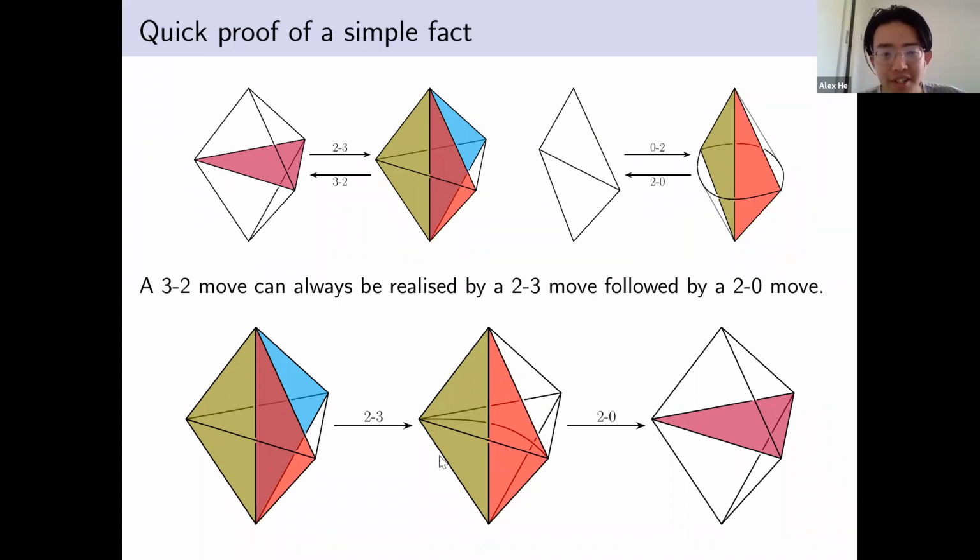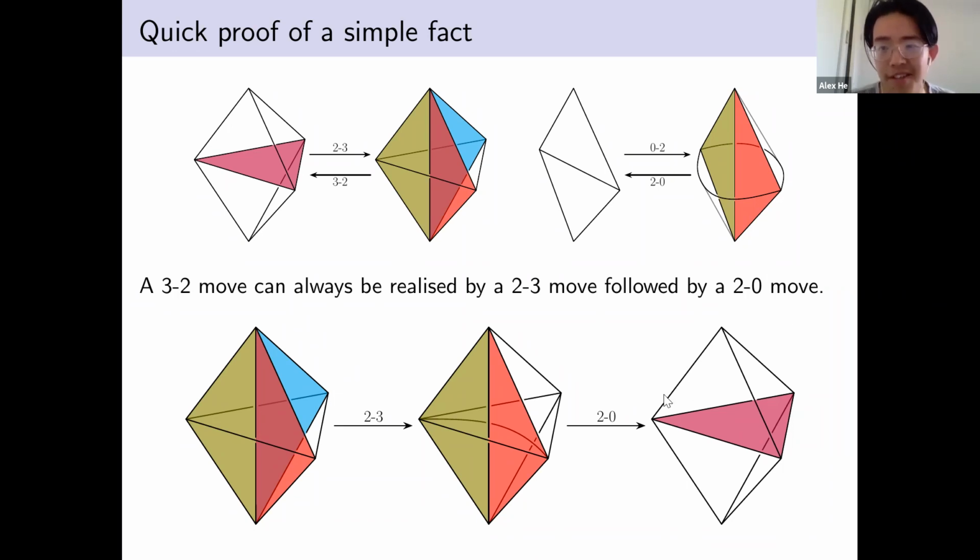Anyway, having done this, you get a configuration that looks exactly like the right-hand side of a 2-0 move. So we can squash that flat down into just two triangles, and when you do that, you're left with these 2 tetrahedra here.